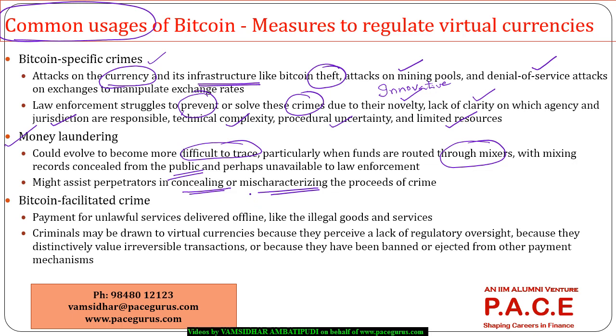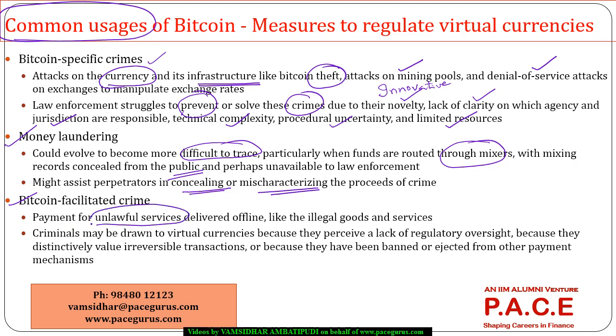So with all kinds of wrongdoings being done, because of the kind of crypto algorithms being used, the traceability is very difficult, and a lot of information can be concealed, which can lead to criminal activity. Bitcoin is facilitating a lot of crimes, as we have already talked about.